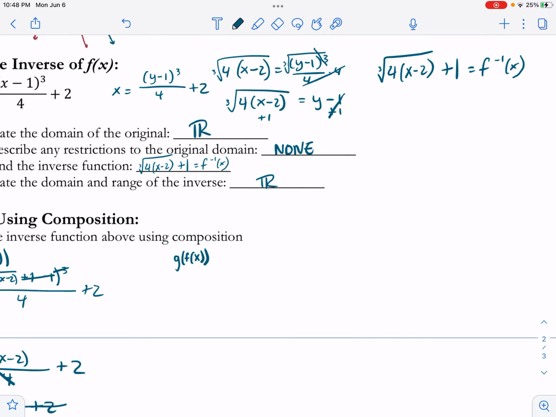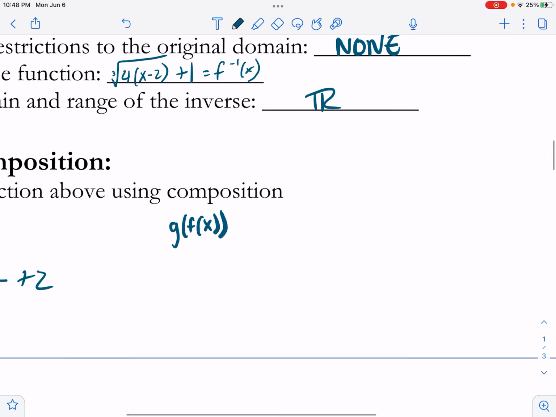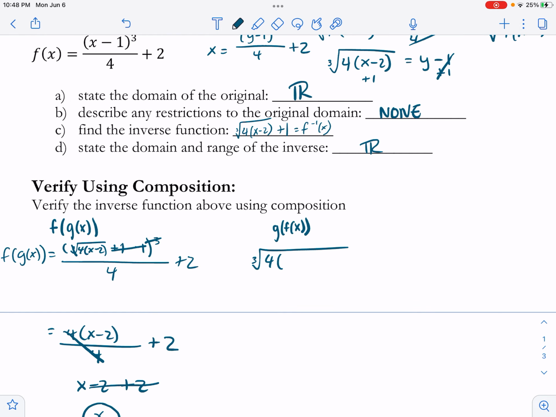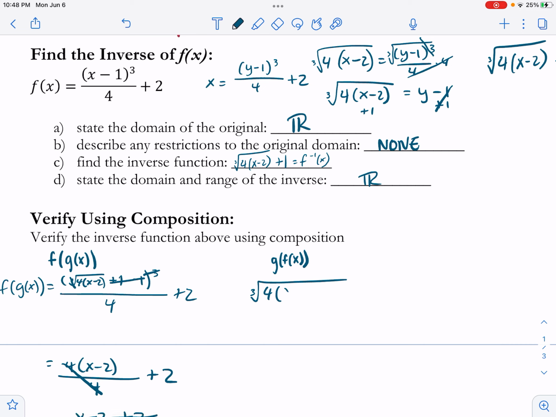For this one, we would do the same thing, but just the opposite. So inside the g of x function, we plug in the f of x function. So we would do x minus 1 cubed over 4 plus 2, minus 2 plus 1.